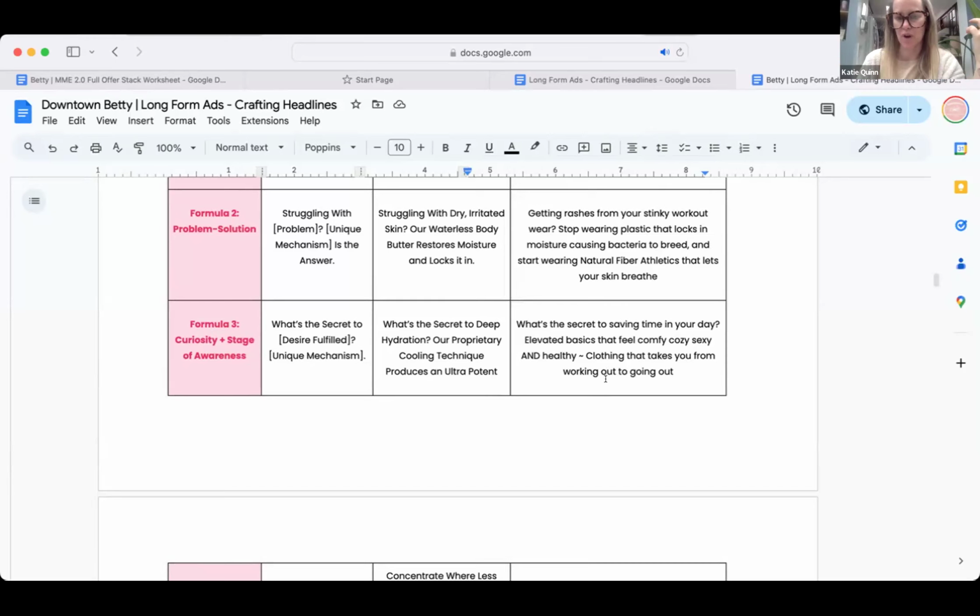You've got rashes, we have non-rash workout wear. So my caution for you is to try and shy away from doing too much educating unless you're piggybacking off of other people's education. I like mentioning the lawsuits and stuff like that. But this one here is just about your problem and the solution they didn't know about.